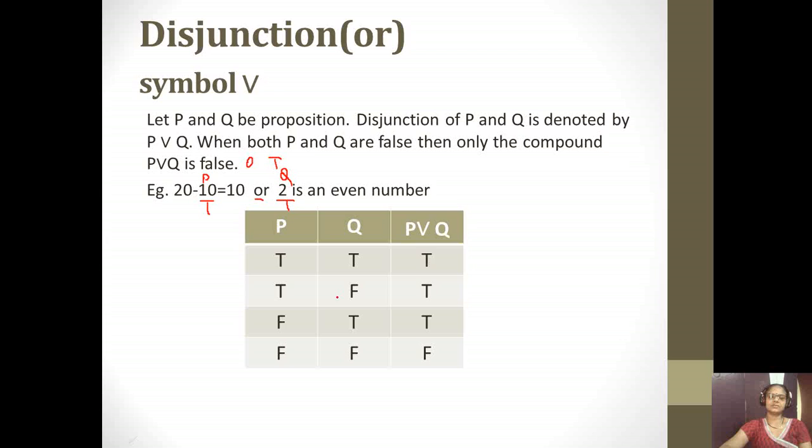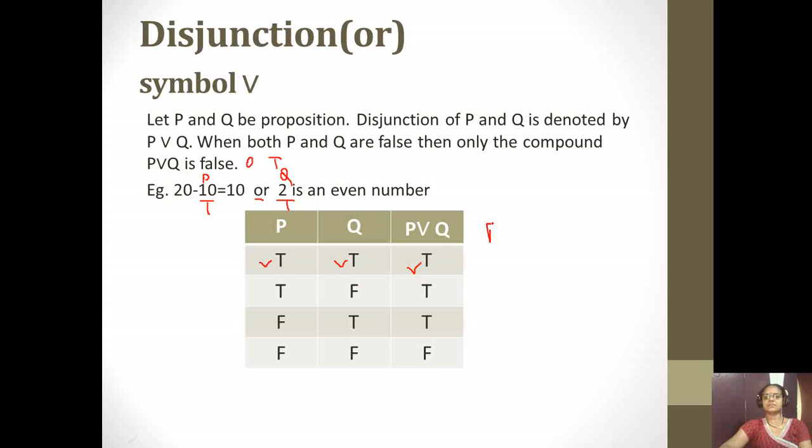If first is true and second is false, the result is true. If both are false, the result is false. So 20 minus 10 equal to 10 is true, and 2 is an even number is also true, so the result is true.